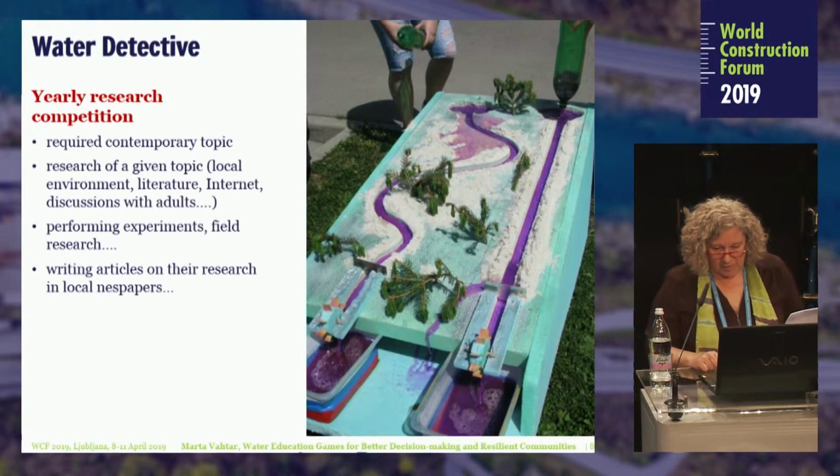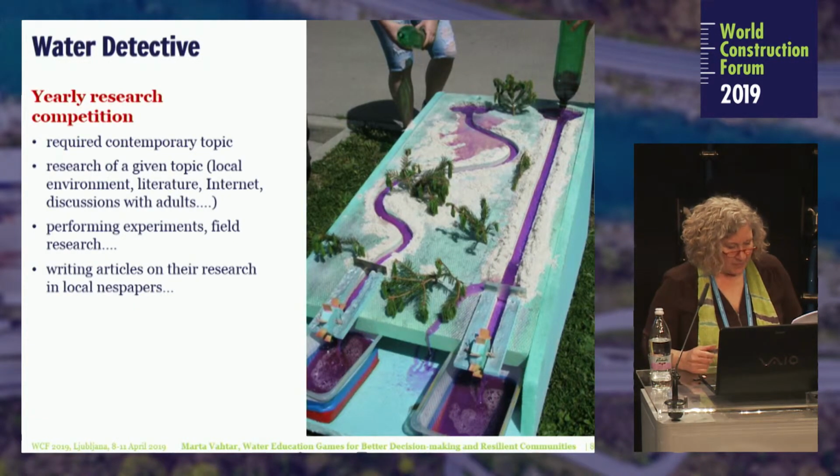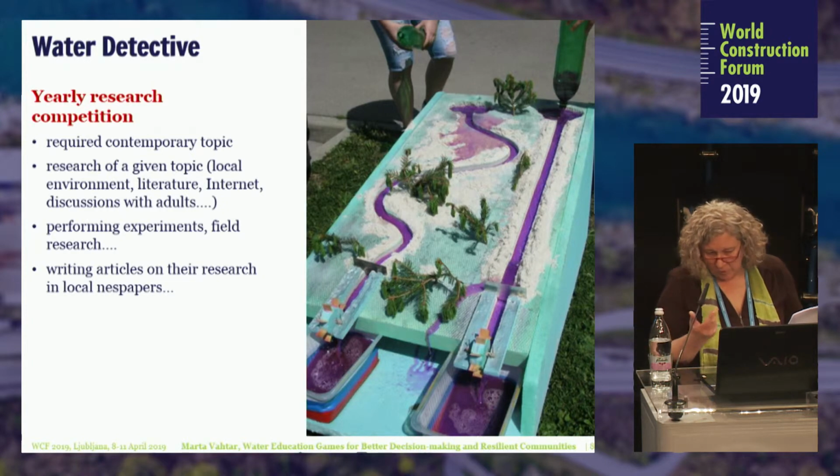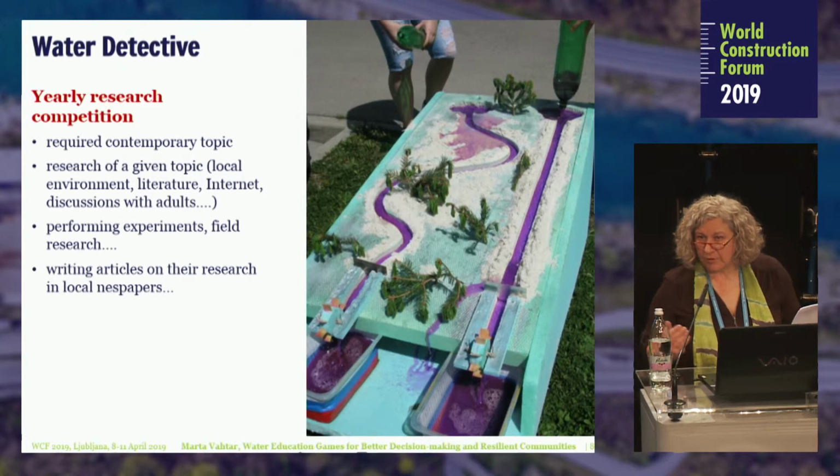One of the elements here was that they came up with ideas for experiments that they were testing, the idea of why we have to enlarge the corridors for rivers.